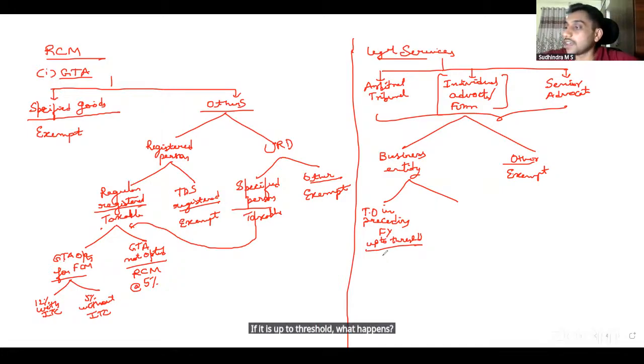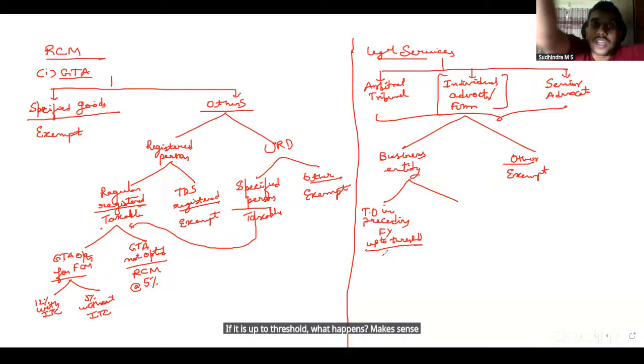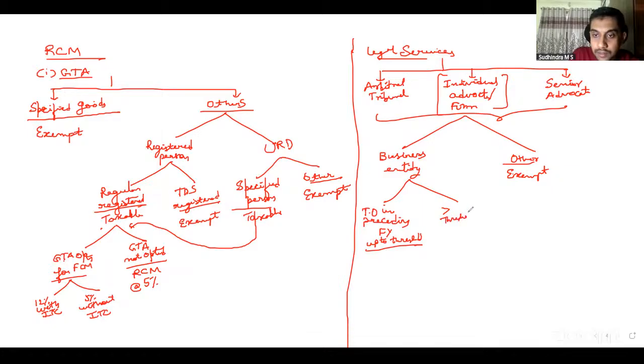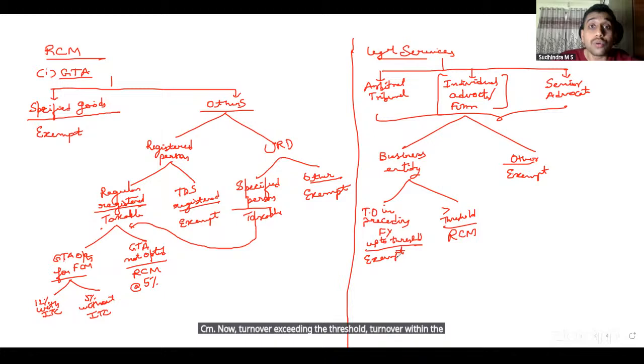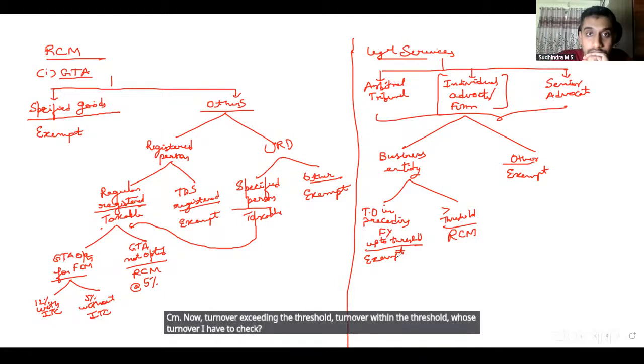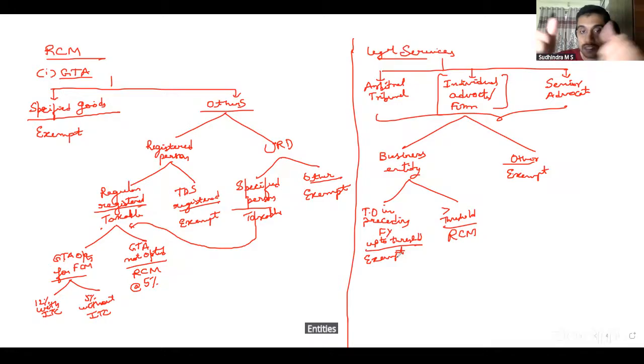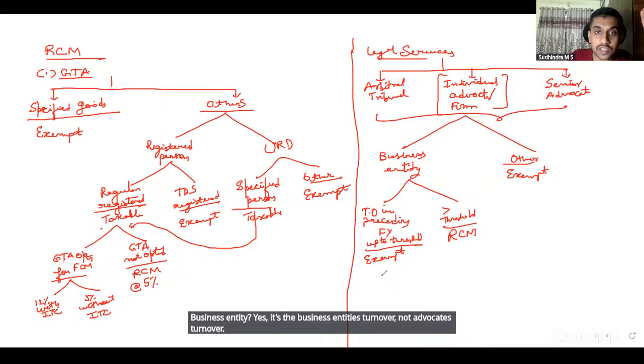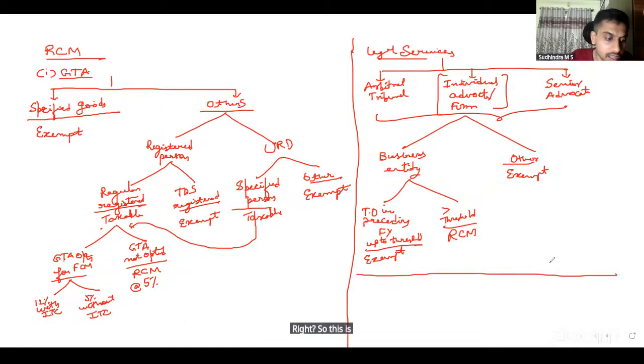Exempt. If it exceeds the threshold, RCM. Whose turnover do I have to check? The business entity's turnover, not the advocate's turnover. So this is legal service.